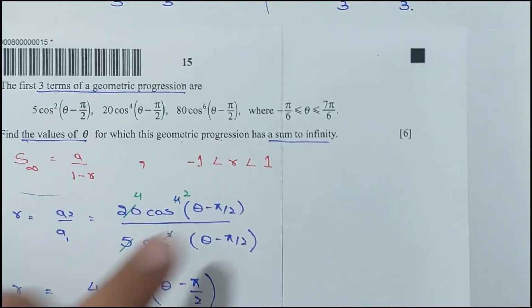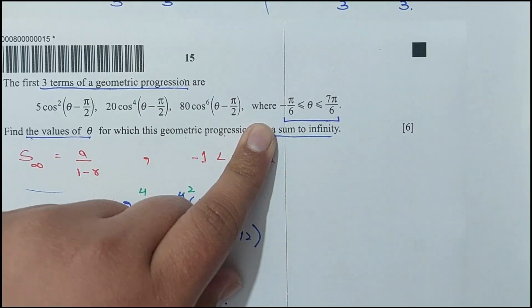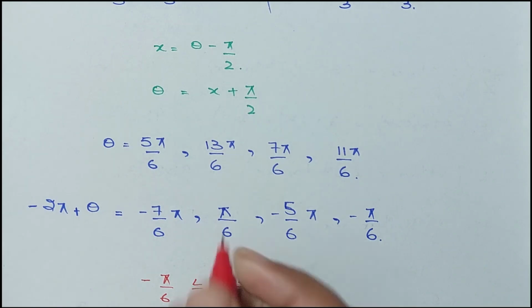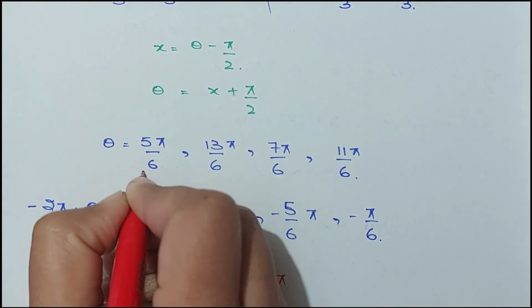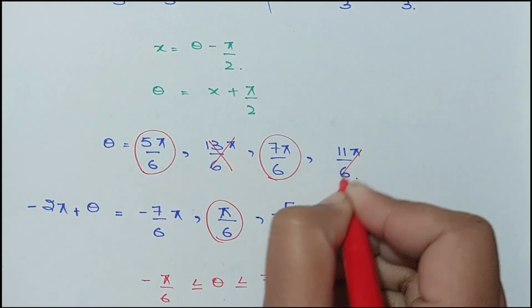So the theta values are between minus pi by 6 and 7 pi by 6, right? Keep in mind, the domain of this is minus pi by 6 is less than or equal to theta is less than or equal to 7 pi by 6. So for the positive ones, this is the solution. 5 is also included. 13 is more. 7 is included. 11 is more.